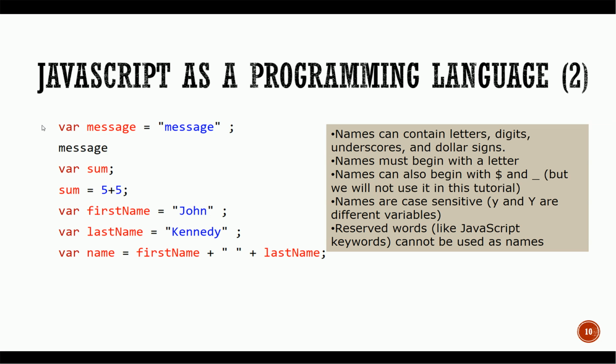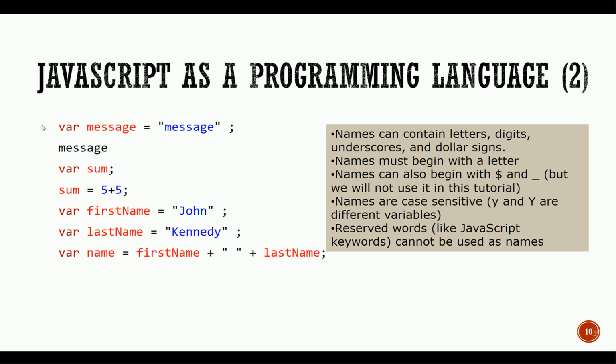And there are several rules when we are creating variables. You know that in all programming languages, you need to have certain restrictions on how you can name variables. In JavaScript, all variables must be identified with unique names. The names can contain letters, digits, the underscore character, and the dollar sign.